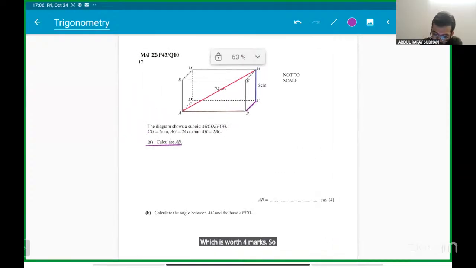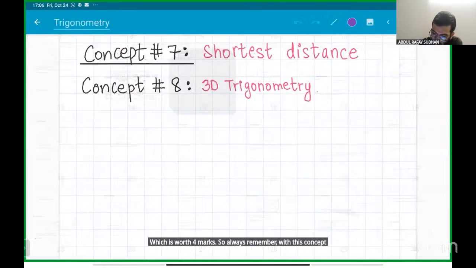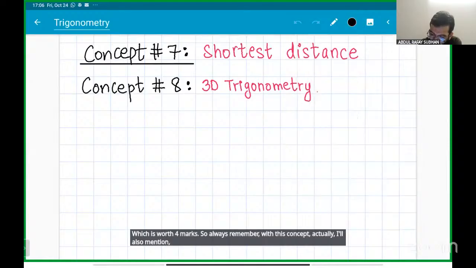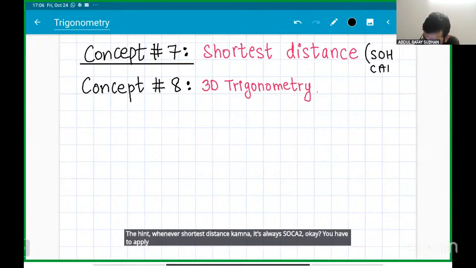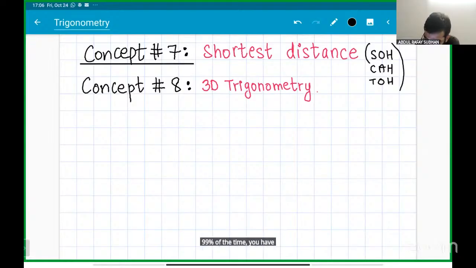So always remember with this concept, I'll also mention the hint: whenever shortest distance comes, it's always SOCA 2. You have to apply SOCA 2 only. 99% of the time you have to apply SOCA 2. That's the hint for shortest distance.